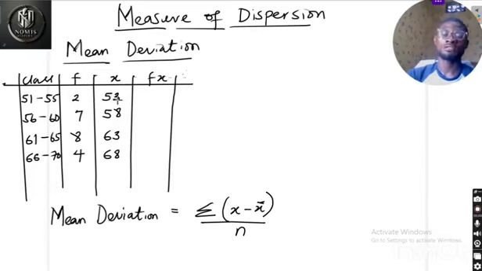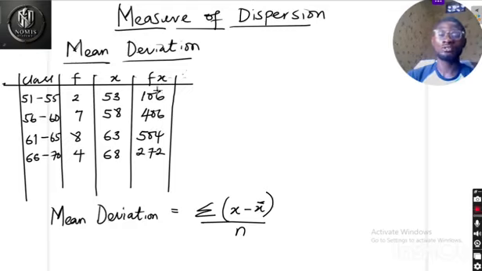So 53 multiplied by 2, 106. 58 multiplied by 7, 406. 63 multiplied by 8, 504. 68 multiplied by 4, 272.